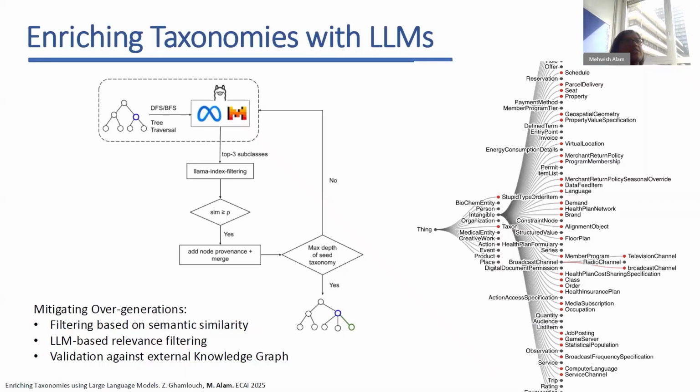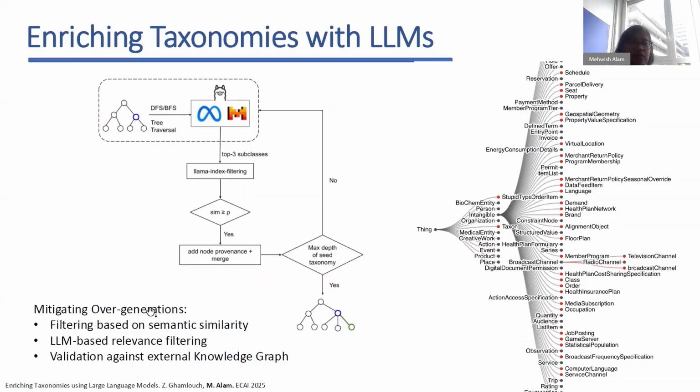But the problem with that is that Wikidata itself has some problems, because many times what we saw is that it is a class, and it is still telling us that it is an instance of another class. So there are some erroneous things within Wikidata. This is one of our future works that we want to take into account.